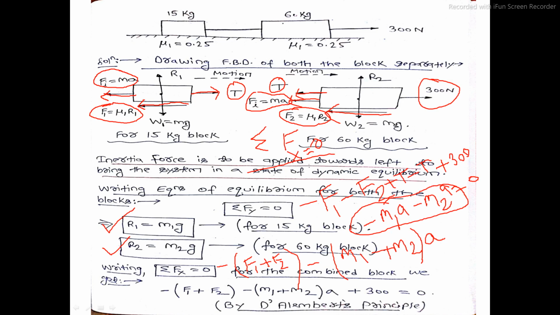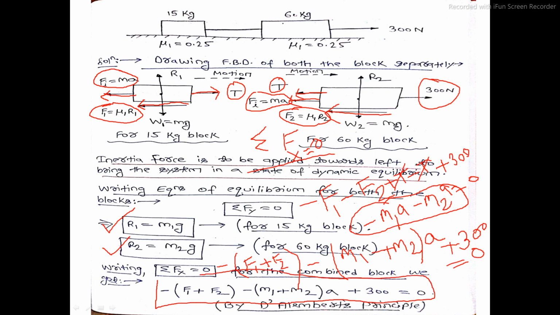So I will get minus, in bracket, M1 plus M2 bracket close, into A. Okay, this plus T and minus T will get cancelled out, and we are left with one more term, that is plus 300 is equal to 0. Is it clear? And this equation is nothing but this equation.